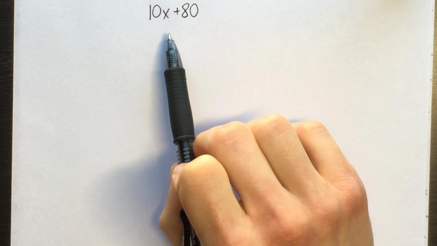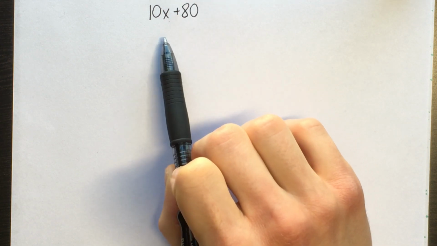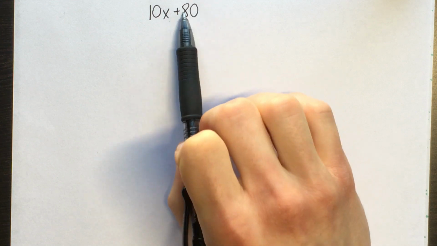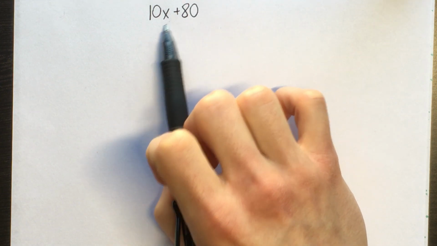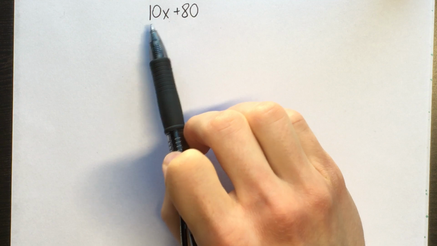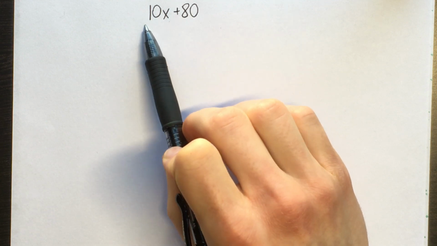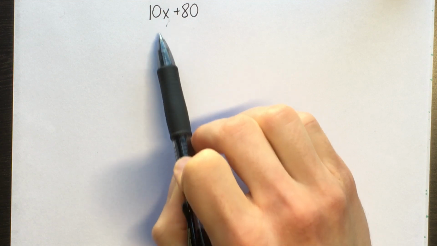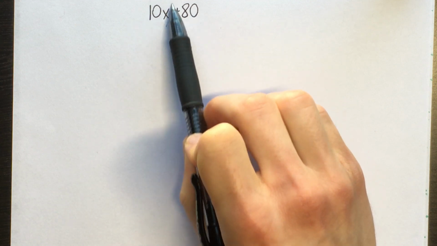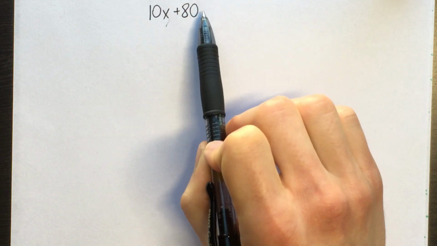He earned 10 hours at $8 an hour, so he already earned $80. And then we're multiplying 10 by x because he will be receiving $10 for every additional hour he's going to work. So if we plug in how many more hours he's going to work for x, this will be his total earnings for the week, right?